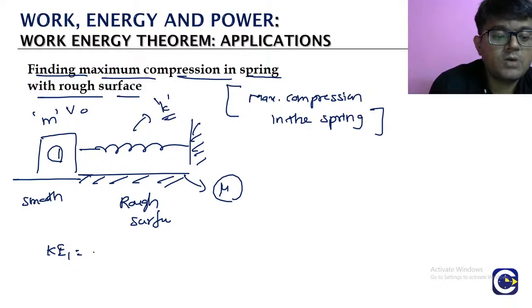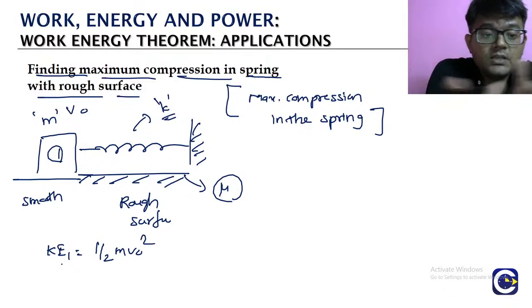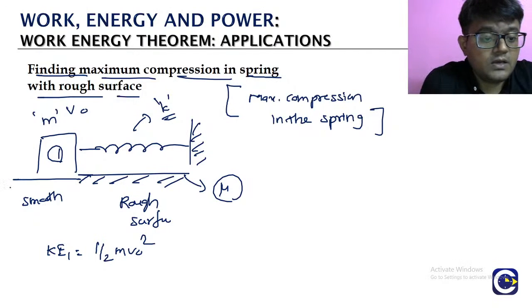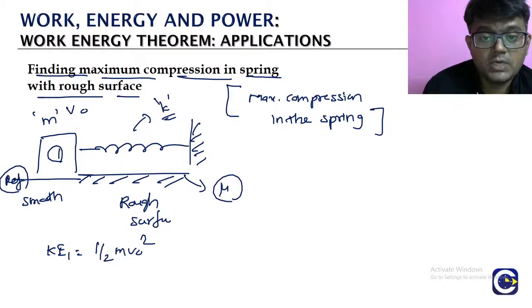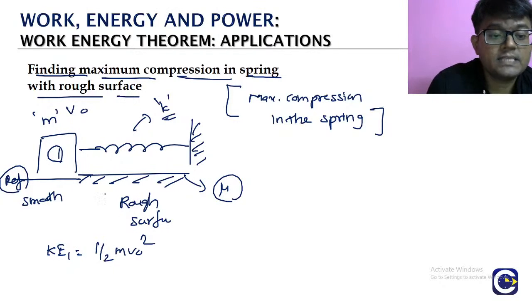So kinetic energy of the block is half into m into v0 square. Here the block is moving on the horizontal line, which we will take as the reference. So the gravitational potential energy will not be changing. Hence we don't need to consider the gravitational potential energy.